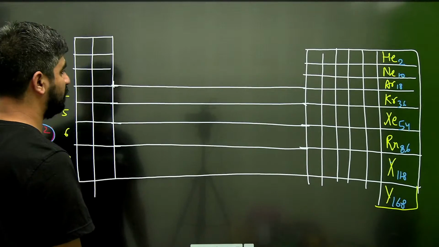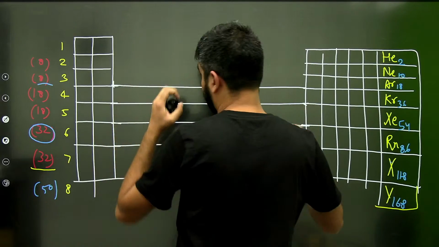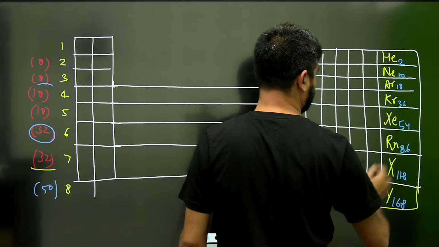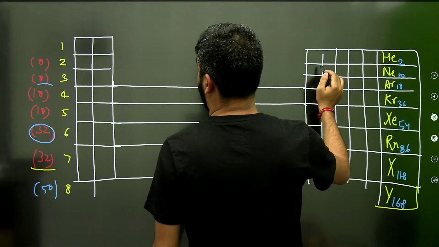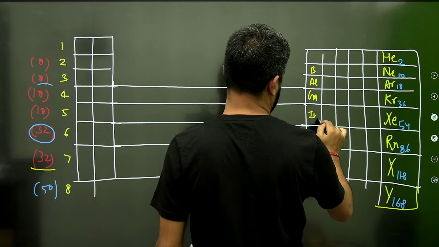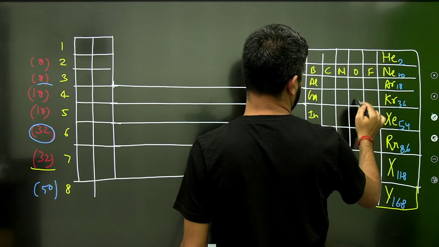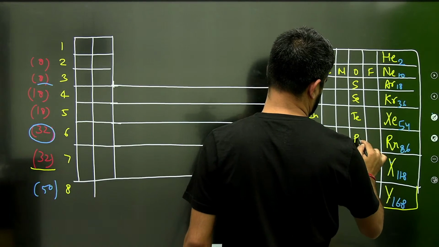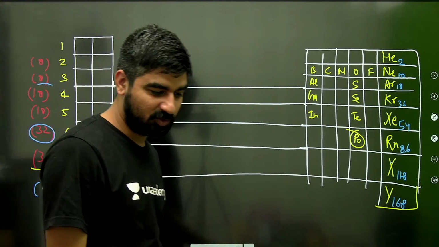Now suppose I ask you to find, so this is what we have, can you write the configuration of Po using this periodic table?